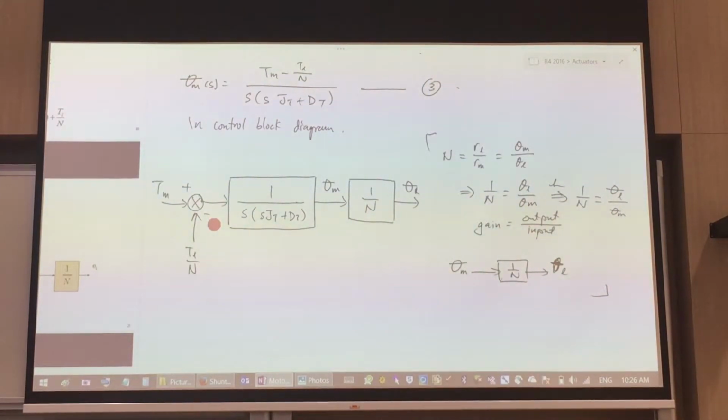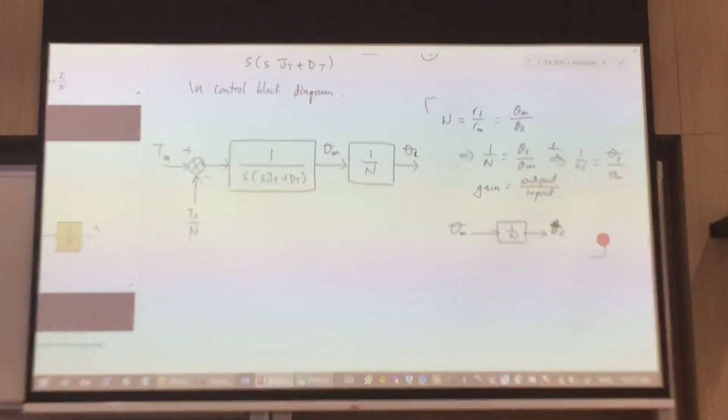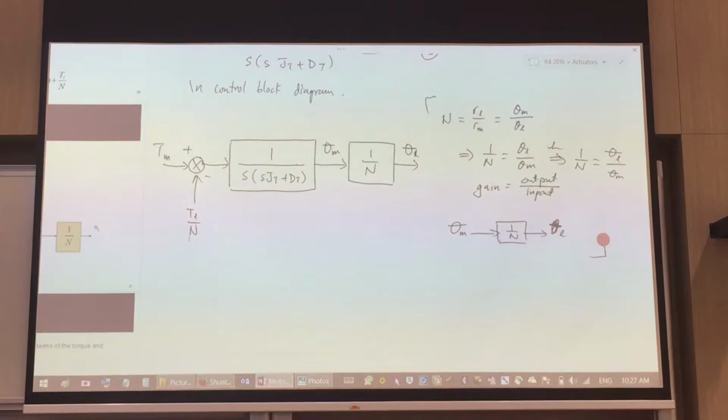It's not finished yet because I'm supposed to relate the load position to the armature voltage. So there's still going to be a little bit more. Now, in the set of notes, it jumps immediately into that final sketch, but I'll give you a little bit more details how I will be doing it.